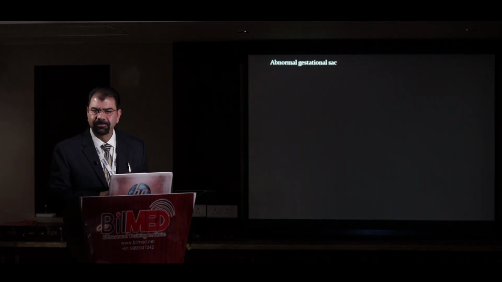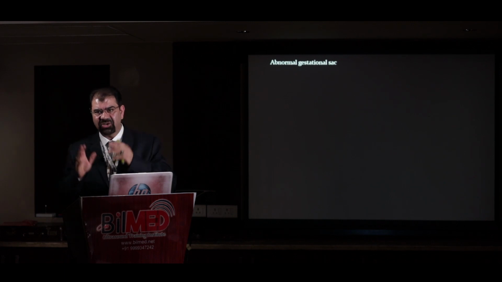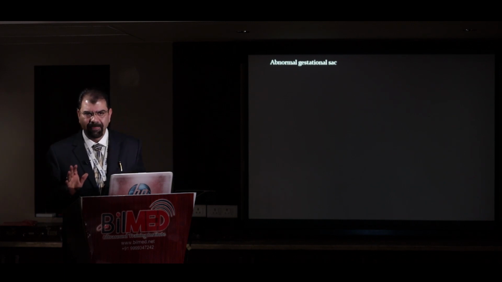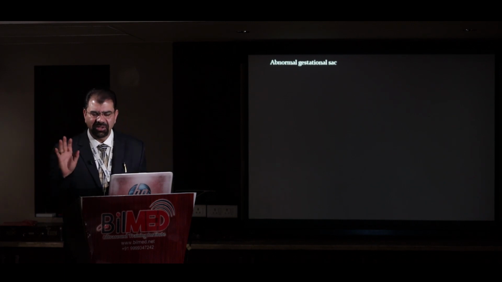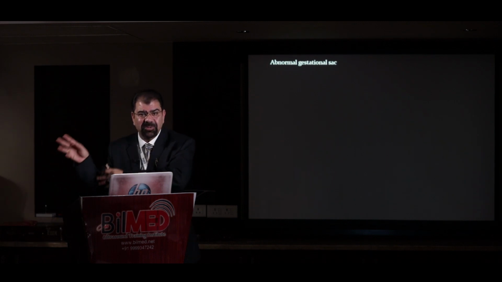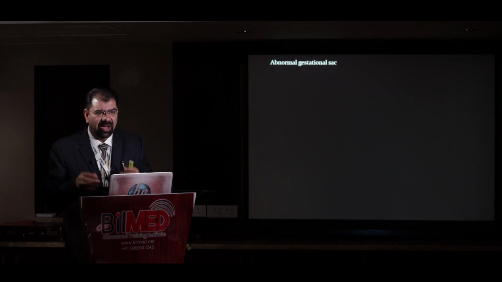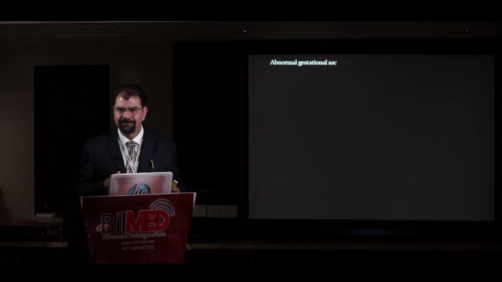I am expecting an 8 weeks fetus and my CRL is corresponding with some plus minuses, but it is corresponding. But the gestational sac is not corresponding with 8 weeks, it is much less, maybe 5, maybe 4.